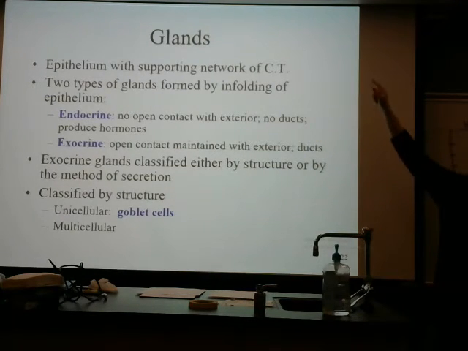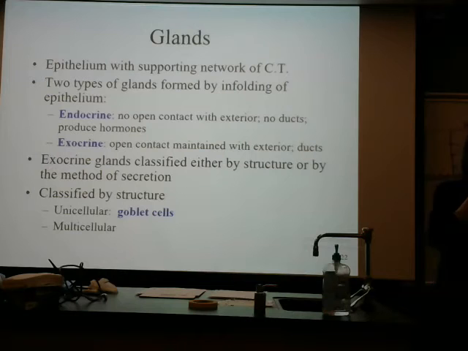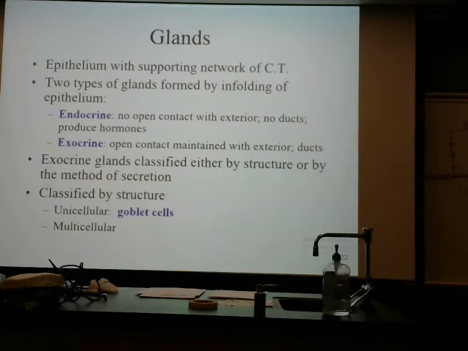That's going to be connective tissue, which we're going to get to. The glands that we have in the body are either endocrine or exocrine. Endocrine glands, these are the glands where everything stays in the body. There is nothing leaving the body. Exocrine glands do, for the most part.